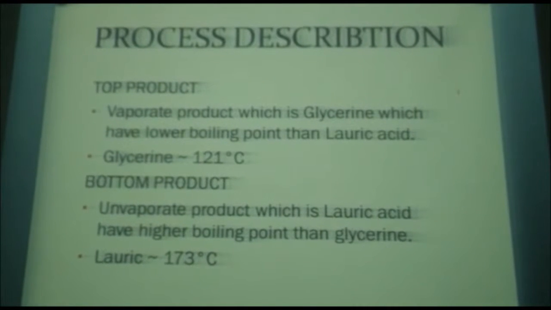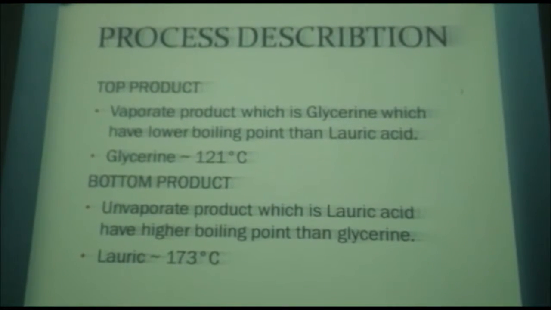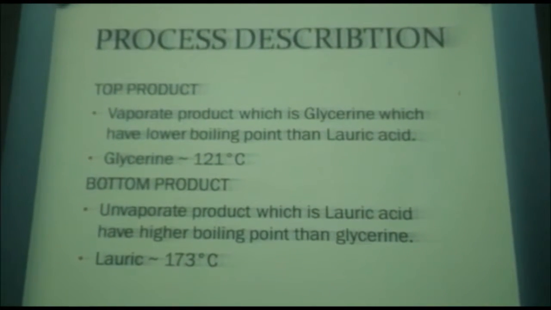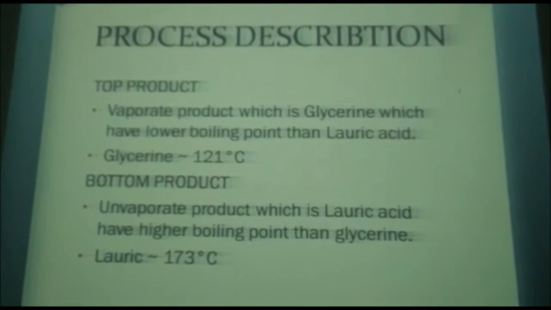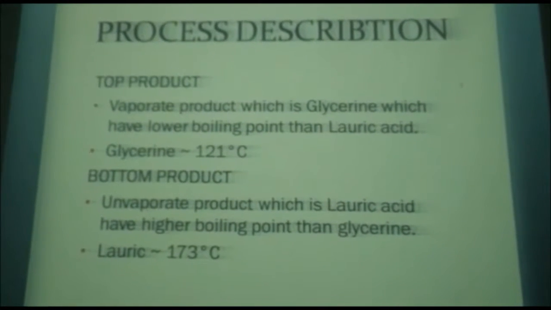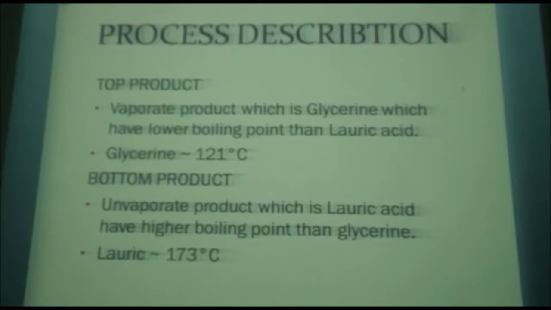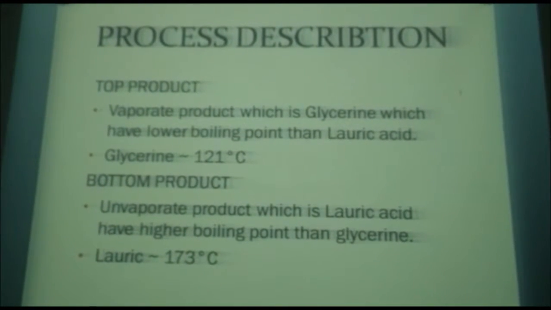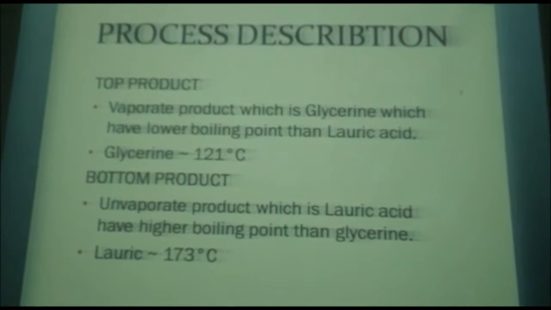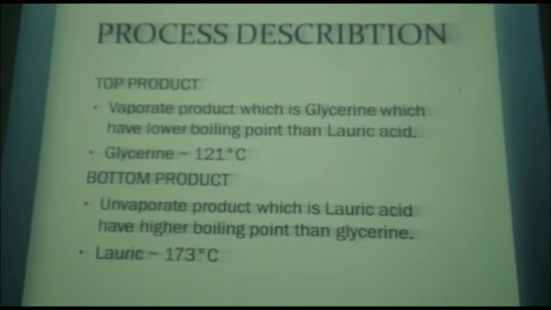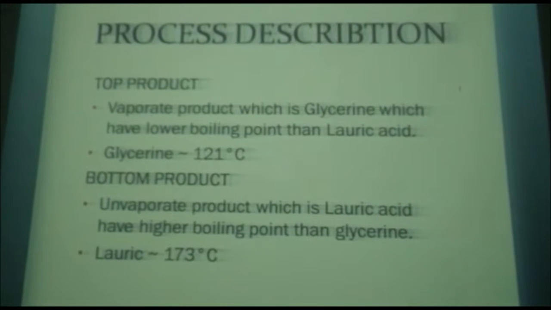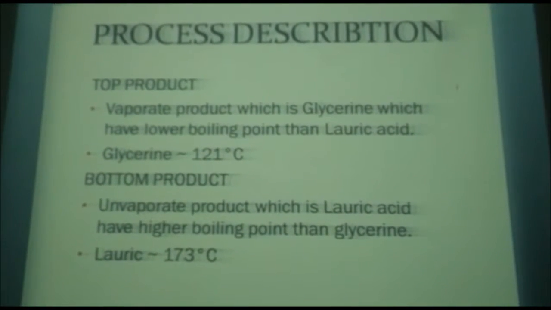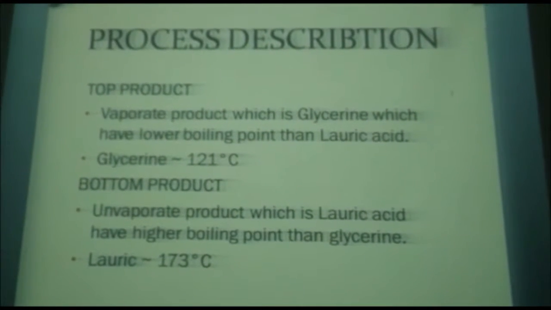The procedure of the process starts with the preheated lauric acid feed entering through a pipe into the distillation column. The reaction chamber is then heated at the bottom, with the reboiler as a heating medium. Superheated steam is introduced through the top pipe to the condenser. The low pressure imposed in the reaction chamber and the high temperature of the feed cause the superheated steam to evaporate vigorously, resulting in an instantaneous distillation of the glycerin.